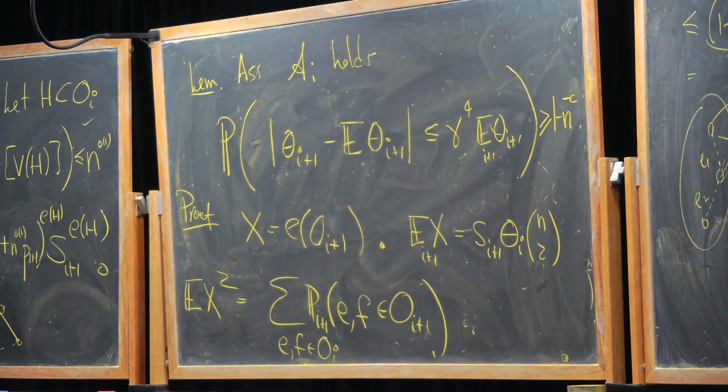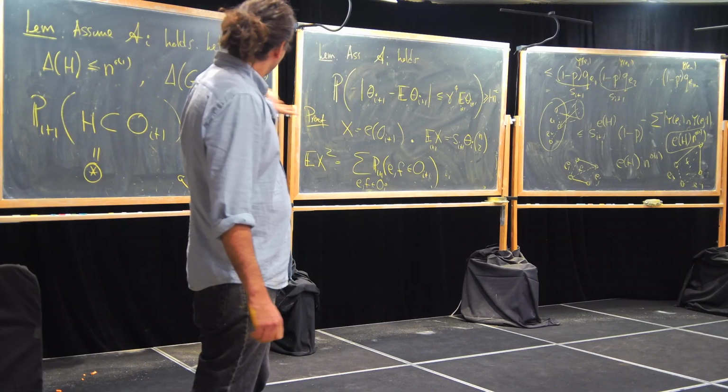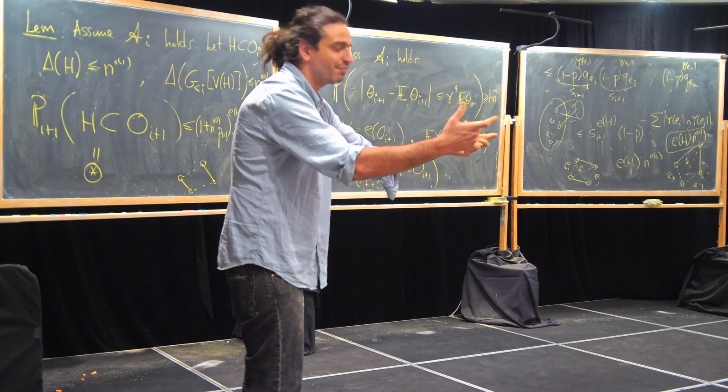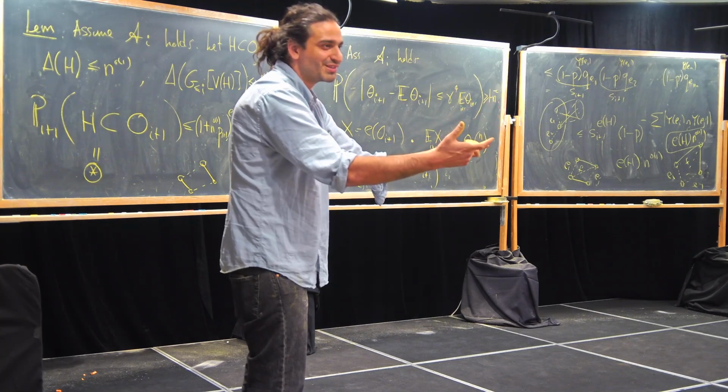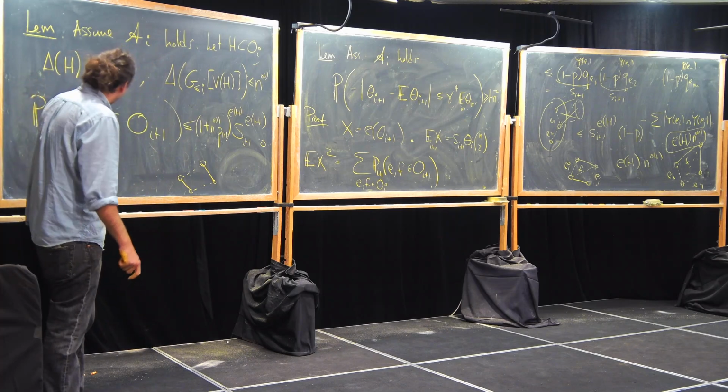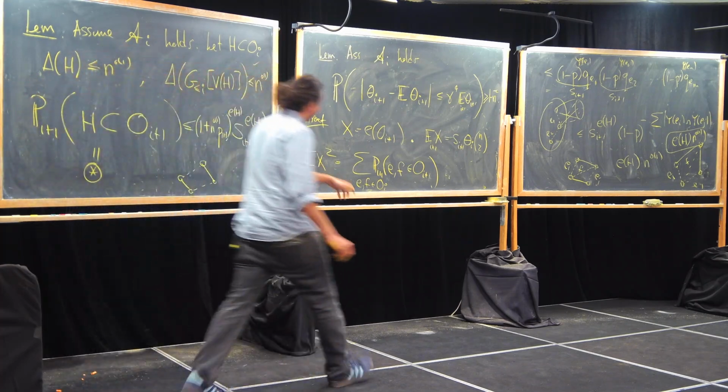Now I actually know how to compute this probability, because I know something about the correlations. E and F form a graph on two edges, so it's a very humble application of the previous lemma. H is just equal to {E, F}.